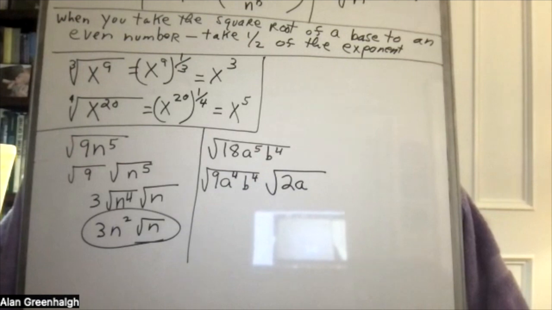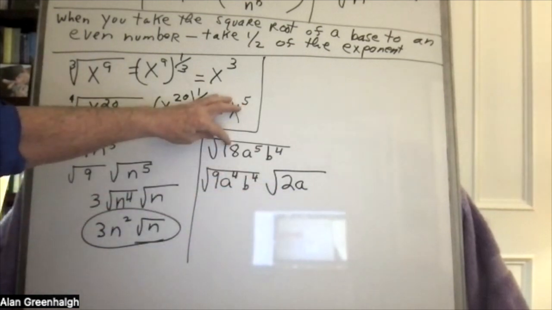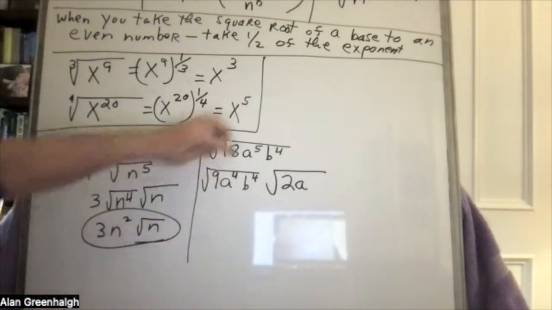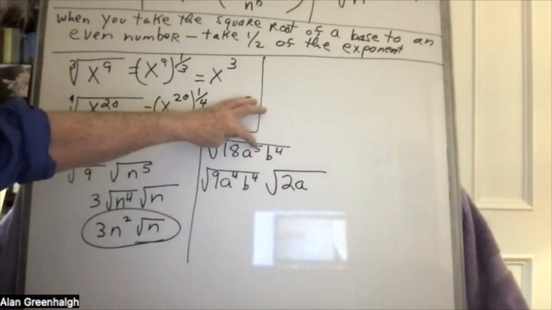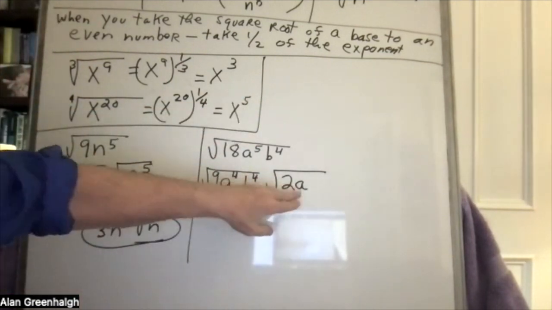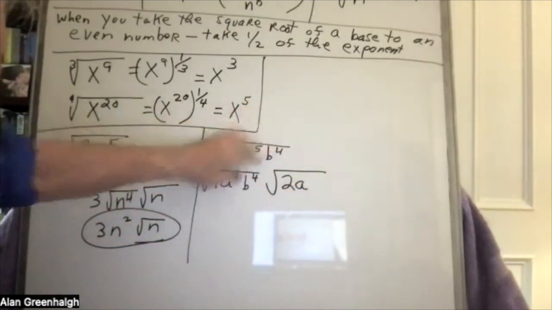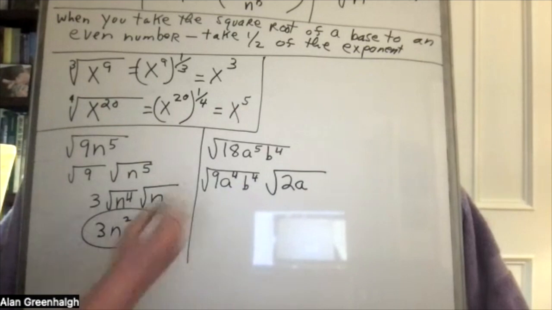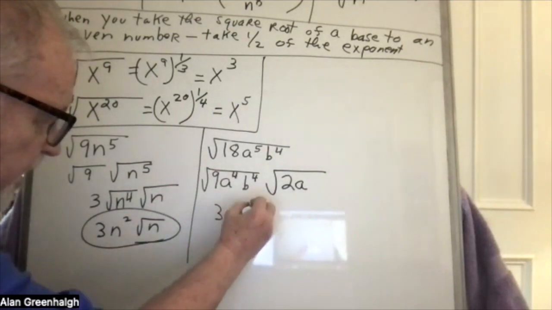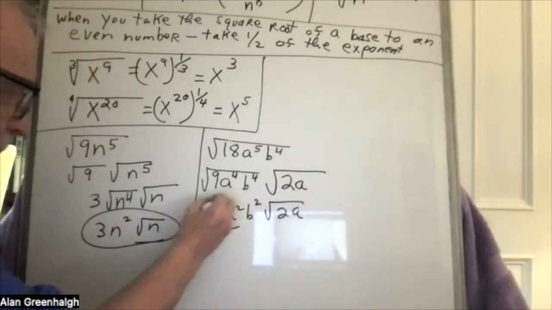See what I did? I separated the 18 into the perfect square times the number. This became the square root times whatever was left, which was 2a to the first, if you will. And then b to the fourth is a perfect square. And this becomes 3a squared b squared times the square root of 2a.